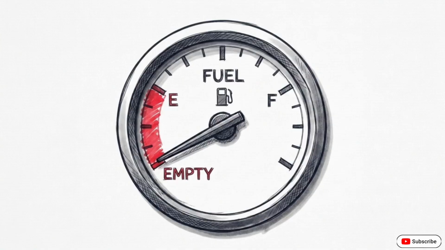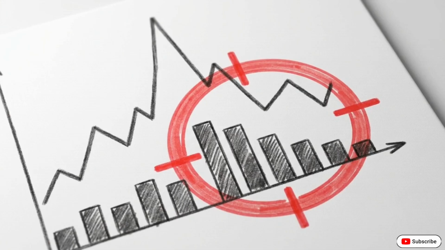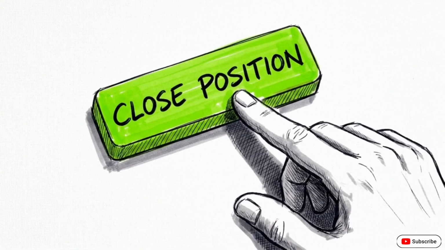The fuel is running out. Both the buying climax and volume divergence suggest that institutional support is gone. The rally is hollow, sustained by late retail buyers. By recognizing these specific visual signatures, you know when the buying pressure is artificial. You can then secure your profits and step aside, right before the trapped liquidity forces a reversal.